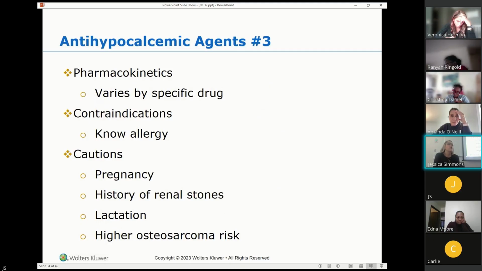If you are taking a drug that is increasing the rate of bone formation, if you're taking a drug that increases the rate of anything, you are at a higher risk of cancer formation. Because cancer occurs when something goes wrong within cell production, right?